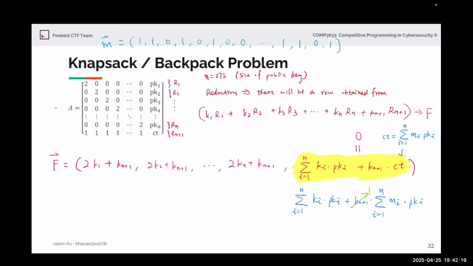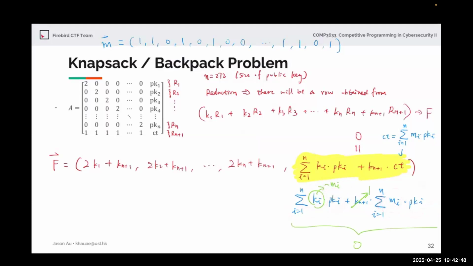It just solves one of the problems, because we are just checking the relationship between Ki and Mi. So if we also define Ki to be negative Mi, then the whole thing will be 0, because negative Mi times Pki and plus Mi times Pki will cancel each other.